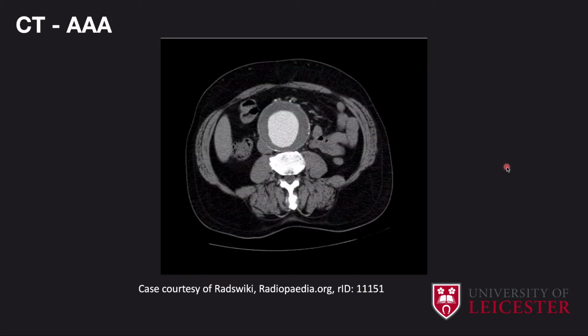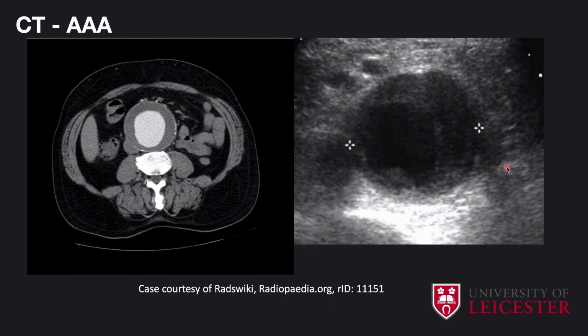Next, let's have a look at the CT scan of an abdominal aortic aneurysm. Remember we saw an ultrasound image of the same? And let's compare the two. Obviously, CT provides a much higher level of detail. Therefore, ultrasound is good as a screening tool to detect if someone has an aneurysm.